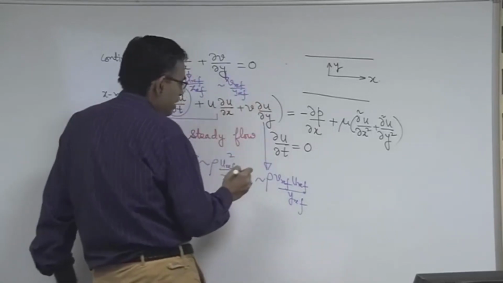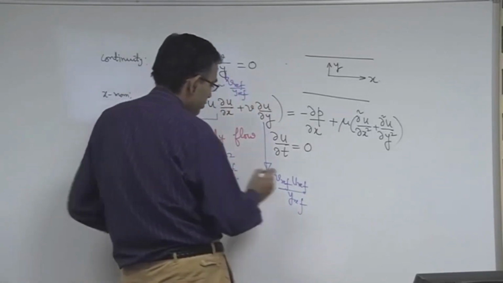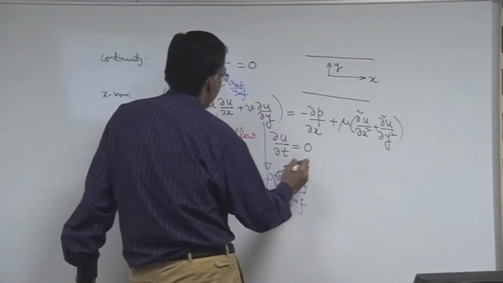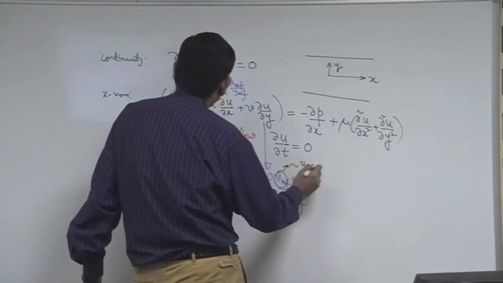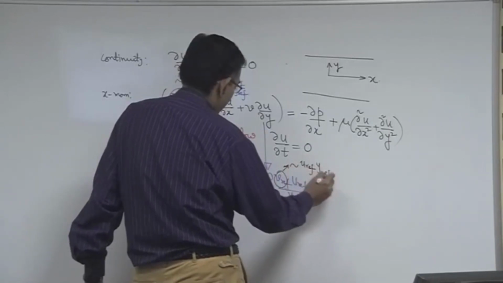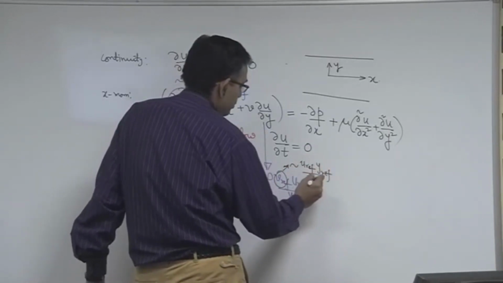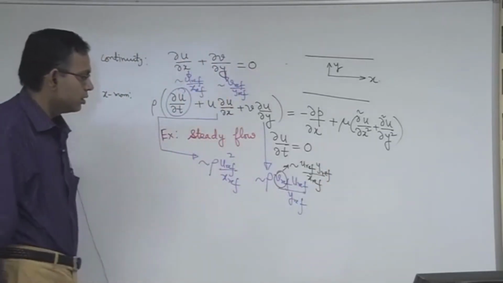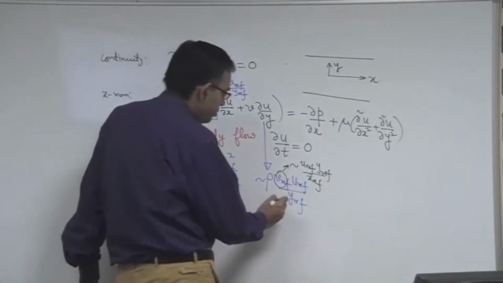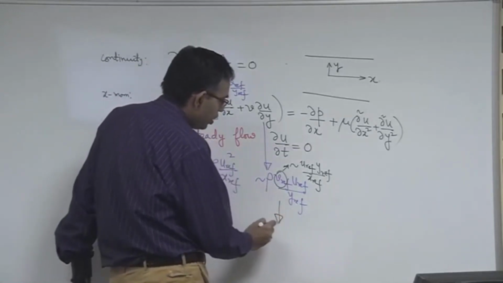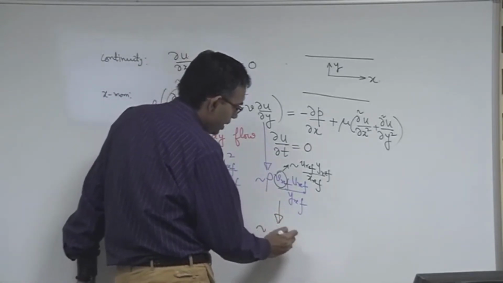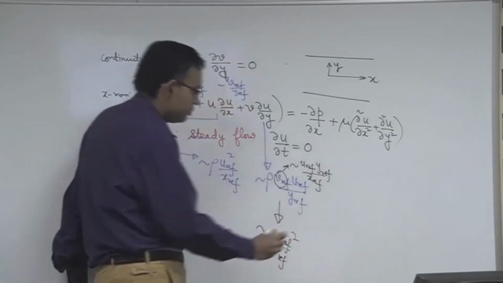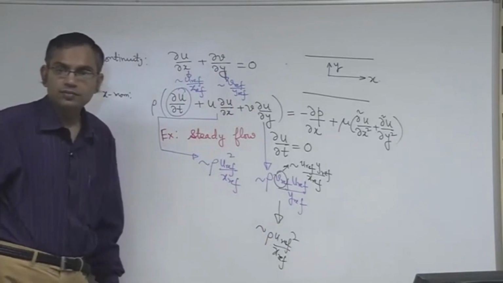So, v reference is of the order of u reference into y reference by x reference. That means this term is also of the order of rho u reference square by x reference, right.